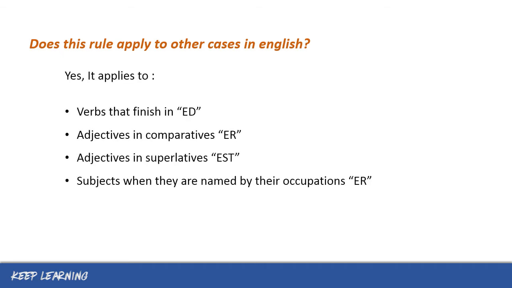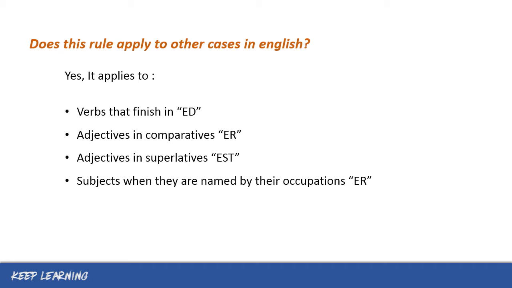It applies to the verbs that end with ed. You have to double the letter in verbs that end with ed if the pronunciation might change, or comparatives with ER. Remember, big, bigger with double G. Superlatives, big, biggest, double G too.